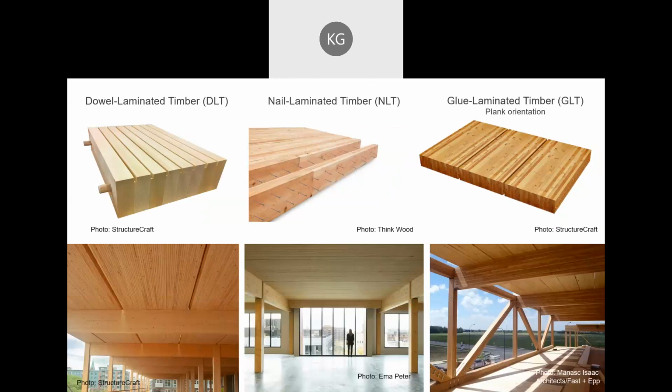But mass timber also can be dowel laminated timber, DLT, nail laminated timber, NLT, or glue laminated timber, GLT. Each of these is just 2x wood laminated together with either hardwood dowels or nails or screws or adhesive.